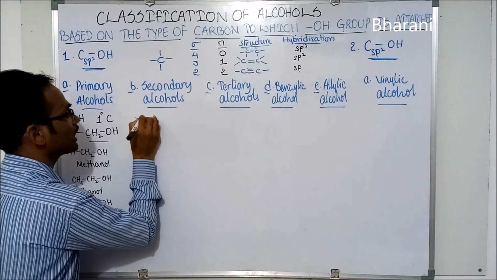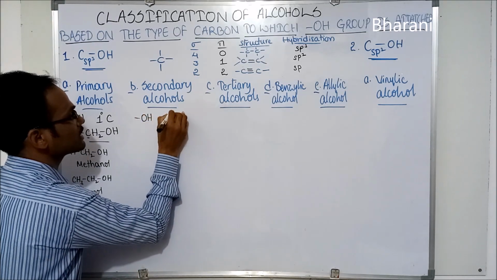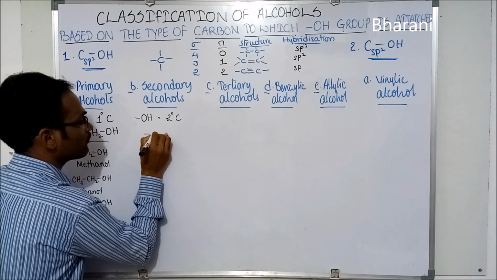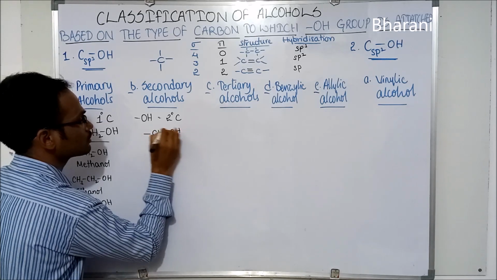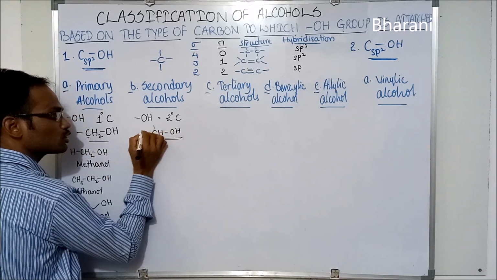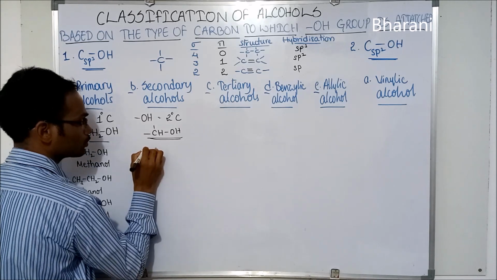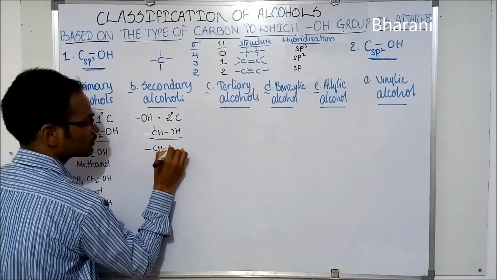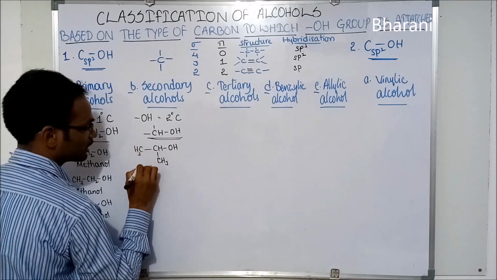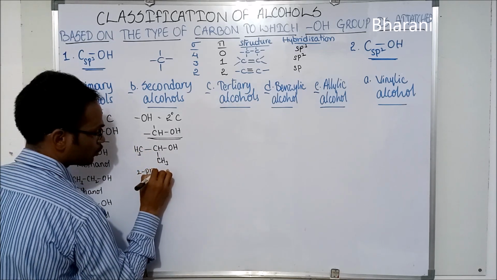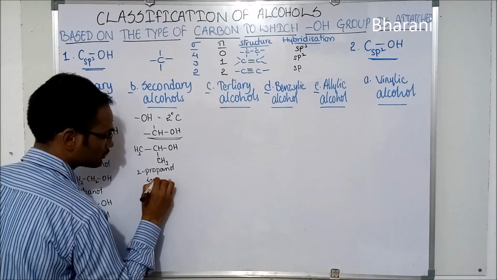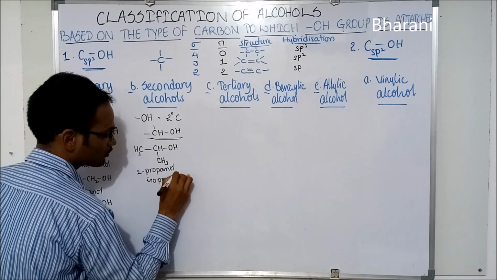Secondary alcohols: the hydroxyl group is attached to a secondary carbon atom. Generally the general formula will be CHOH. That means the carbon atom to which the hydroxyl group is attached will be attached to two different alkyl groups. The first basic secondary alcohol is CH3CHOHCH3, that is 2-propanol, also called 2-propyl alcohol or isopropyl alcohol.